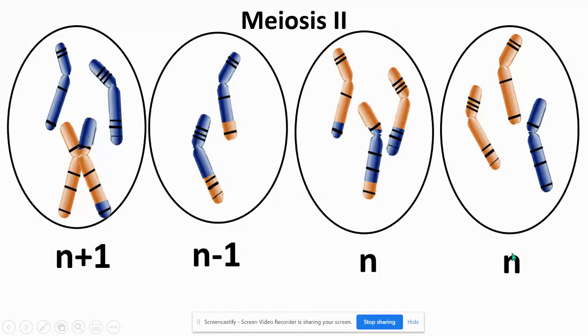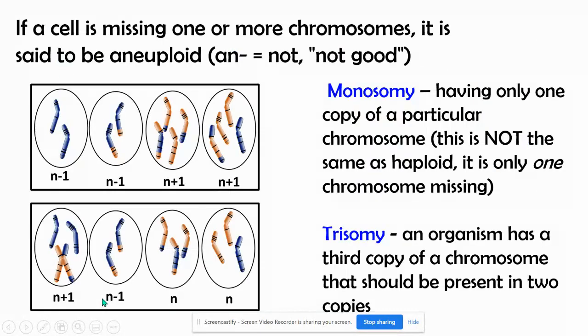The two on the right are normal, but because the sister chromatids failed to separate in anaphase 2, you end up with one gamete that has an extra chromosome and one gamete that is missing a chromosome.